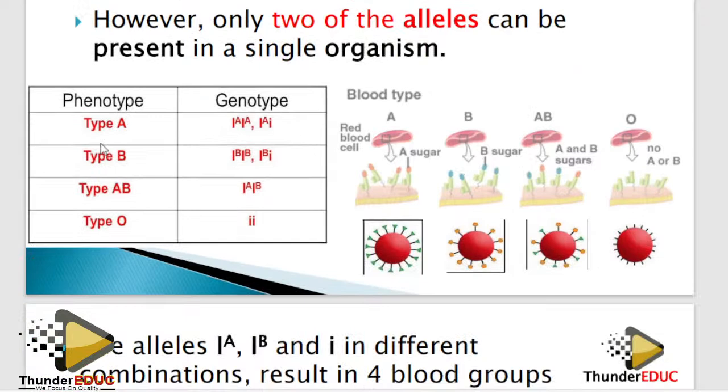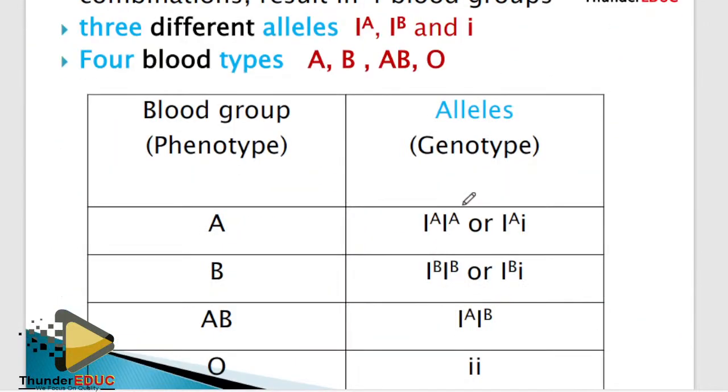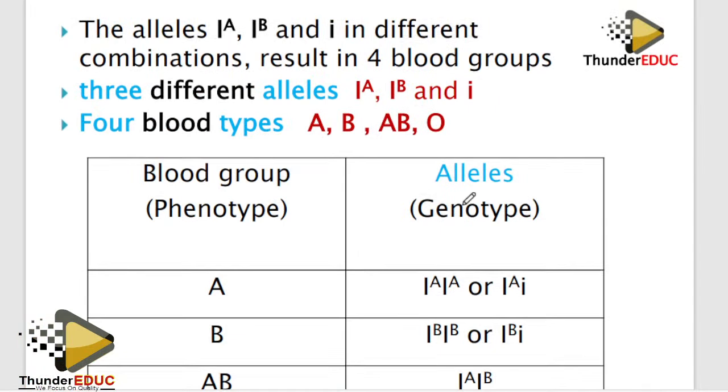Phenotypes, there are 4. Genotypes, there are 6: homozygous and heterozygous, homozygous and heterozygous, codominant, and homozygous recessive. So the 3 different alleles give 4 blood groups, which are the phenotypes: A, B, AB, and O.